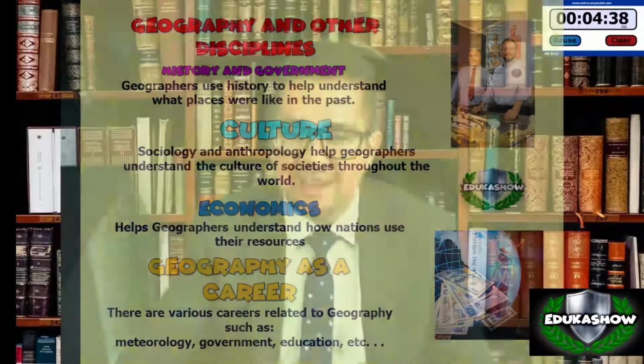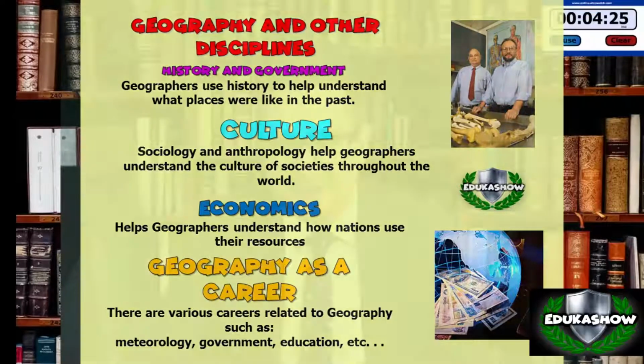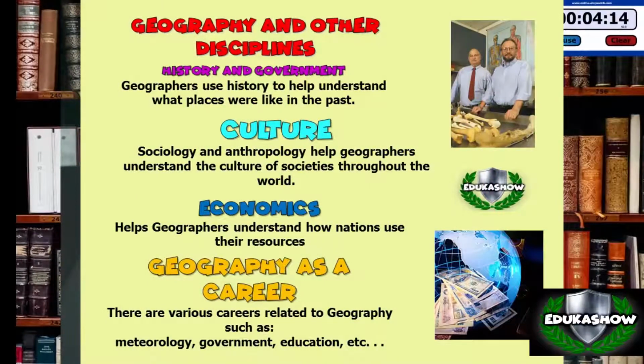History is directly linked to geography. Geography is also directly linked to history. So this is very important to know. So it makes it even more interesting still when you find out that history and geography are interrelated. They are connected. Incredible.